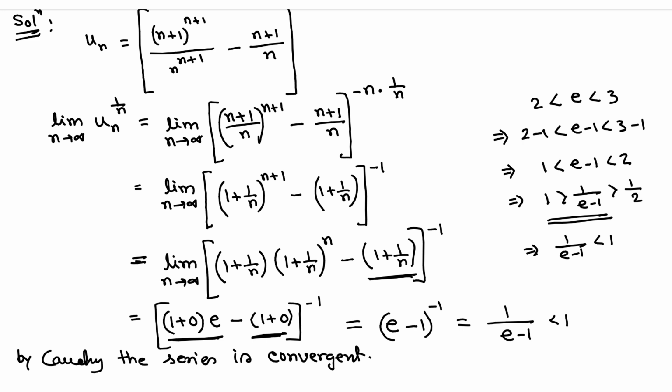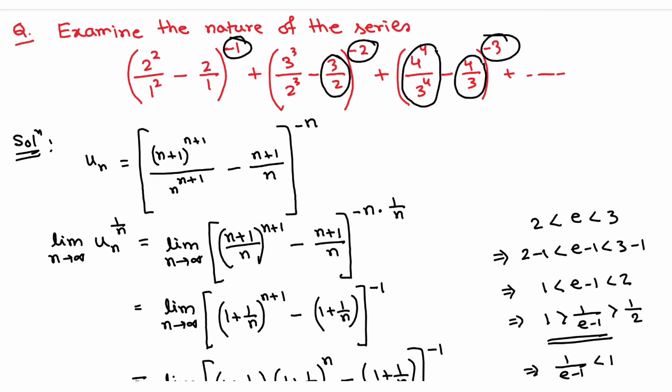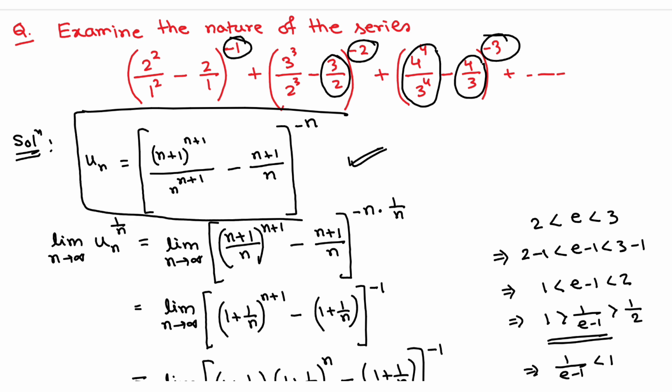Cauchy root test is very simple. Actually the total series chapter is very simple, you just have to find out the un. If you can find out the un, then the remaining process is very simple, and this is the main important part in the total series chapter. Just find out un. Okay, thank you so much.